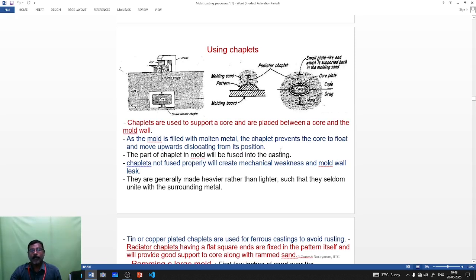As the mold is filled with molten metal, the chaplet prevents the core from floating and moving upward, dislocating from its position. The part of the chaplet in the mold will be fused into the casting. They are generally made lighter such that they fuse together with the surrounding metal.